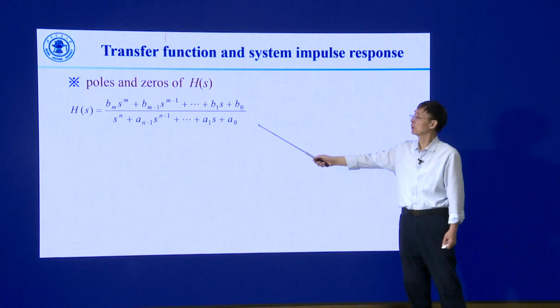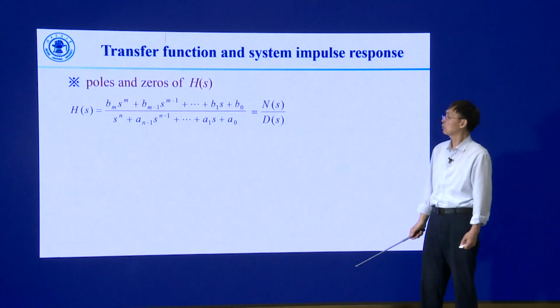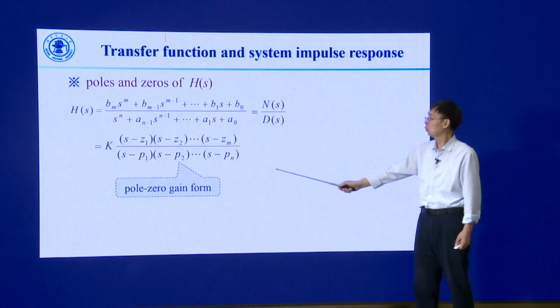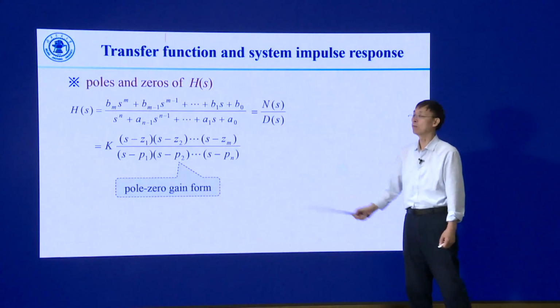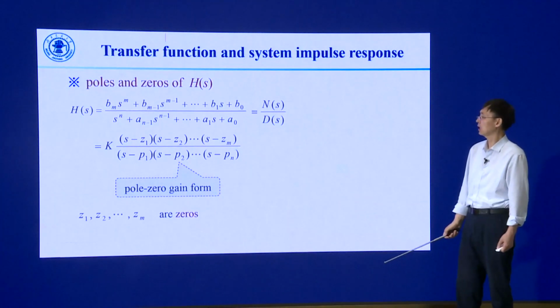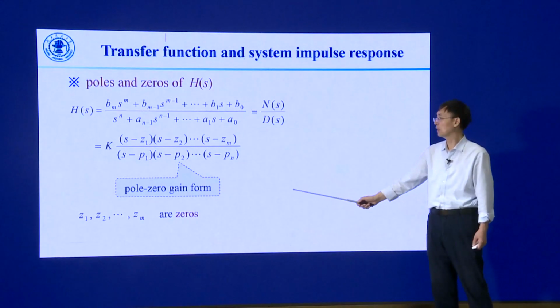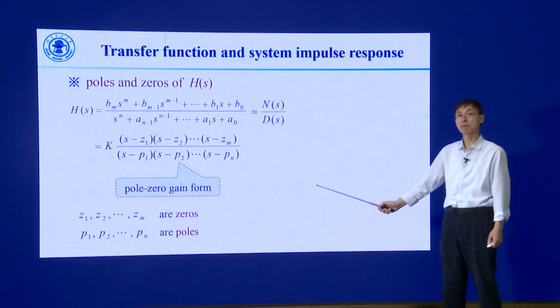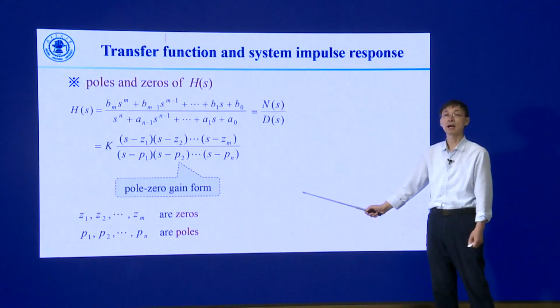The transfer function can be described in this equation. This is called the pole-zero-gain form. Here, Z1, Z2, and Zm are zeros. P1, P2, and Pn are poles.